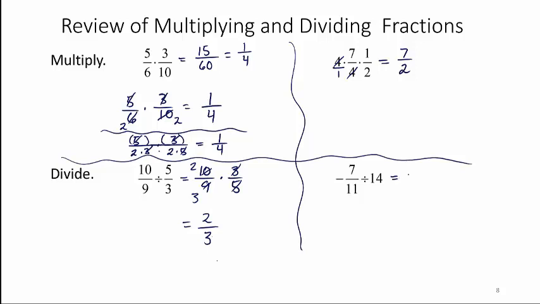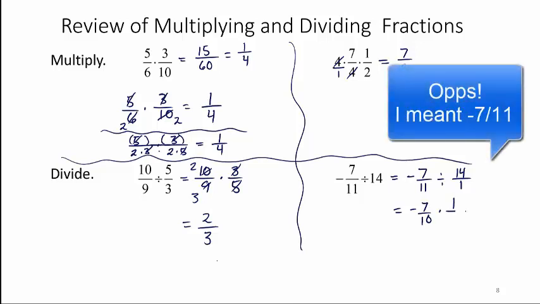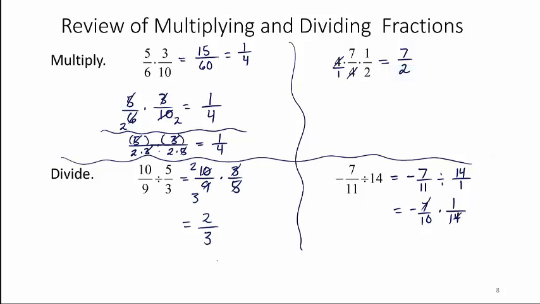All right, then over here we have -7 over 11. And we're dividing that by 14 over 1, right? I just want to reiterate that. When we've got a whole number like that, it's really over 1. So to change that into multiplication, we would have -7 over 11 times 1 over 14, right? Okay. And 7 over 14 is 1/2, right?